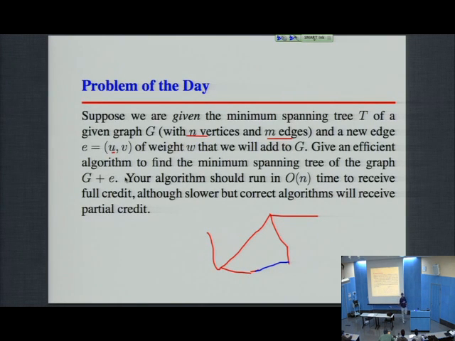If you have a tree, how many paths are there between any two vertices in a tree? Exactly one. This is one nice property of a tree. So he's saying find the path from here to there, find the biggest edge on that path, and if the biggest edge on that path is bigger than the edge that you want to add, add this edge and delete that. Does everybody agree with him that that's correct?